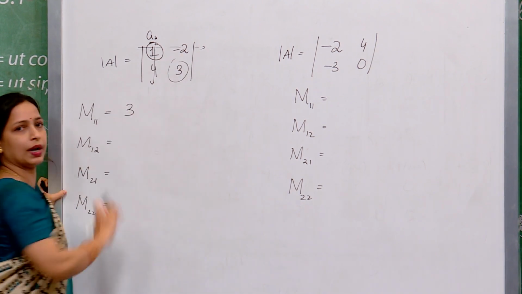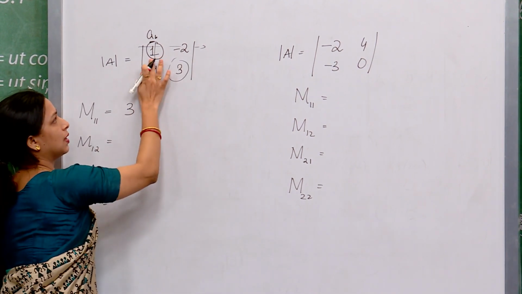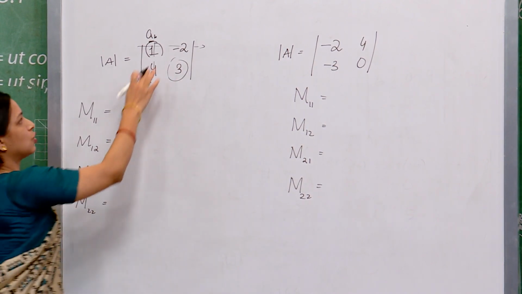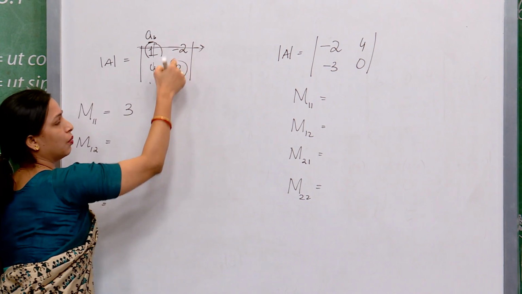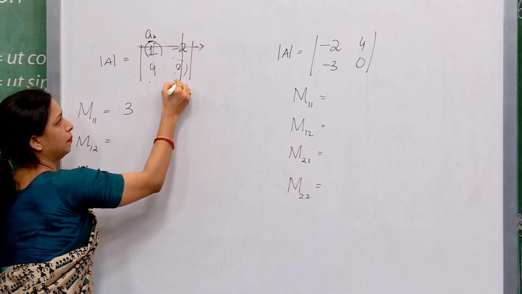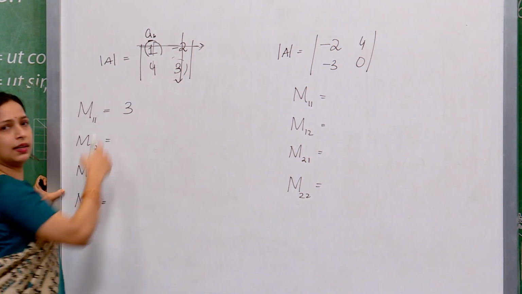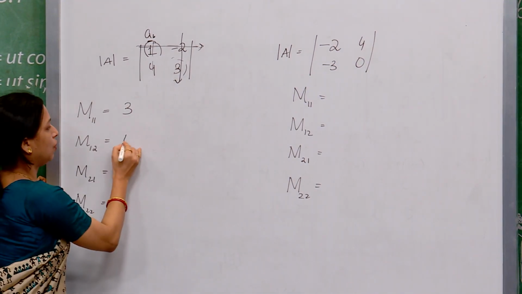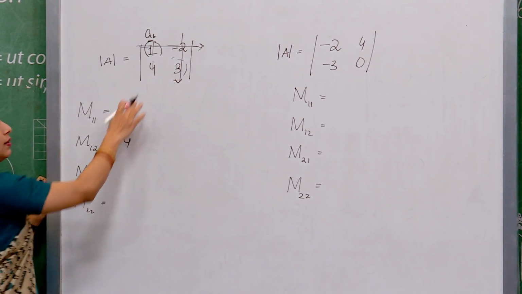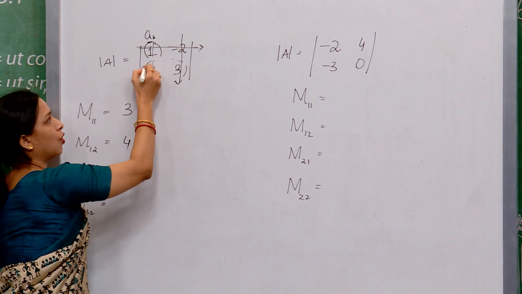Similarly, M12 means the element is -2. So, I delete the row in which -2 exists, and then I delete the column, and the resultant element is the minor. So, 4, right. Next, M21, that means 4.